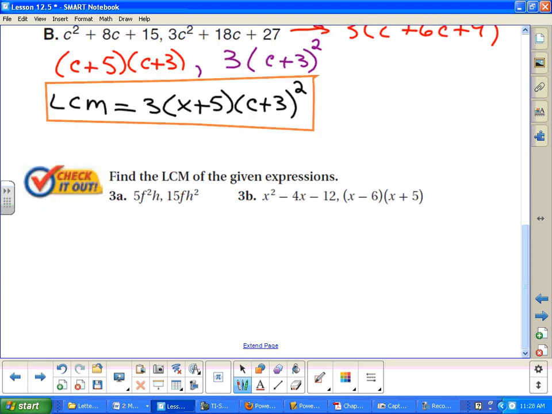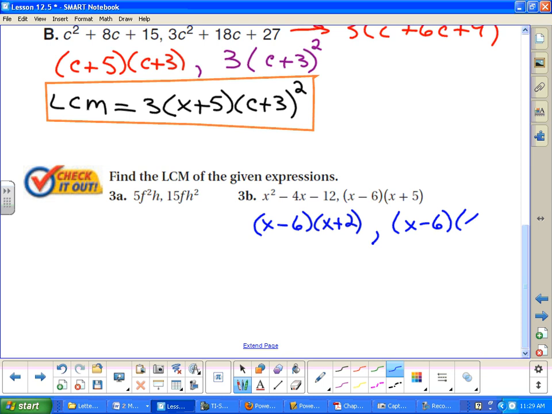Let's look at one more. Let's look at 3b here on the check it out. The first one has x minus 6 and x plus 2. And then I've got x minus 6 and x plus 5.